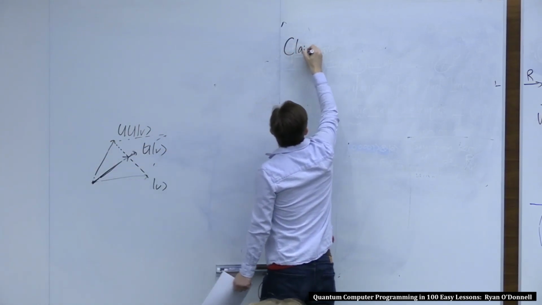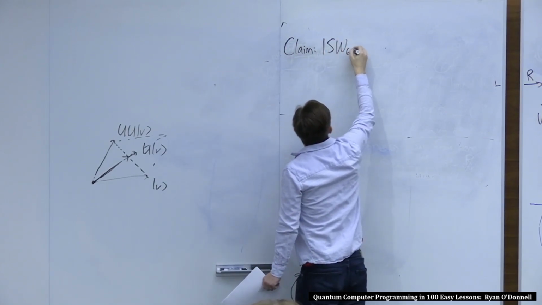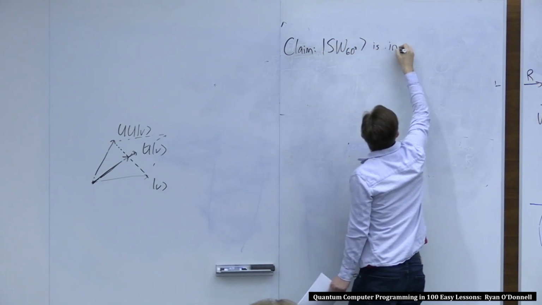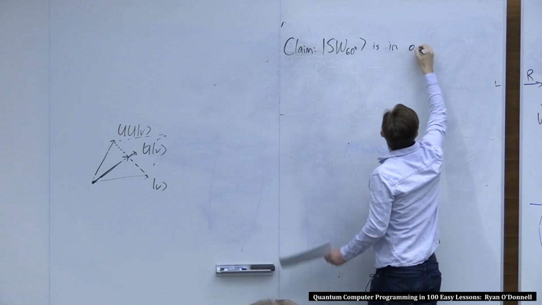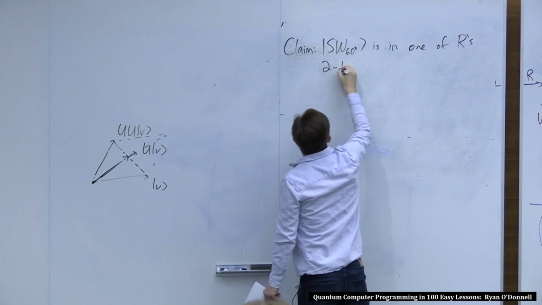So claim 1 is that this special steering wheel vector is in one of R's 2D planes of rotation.